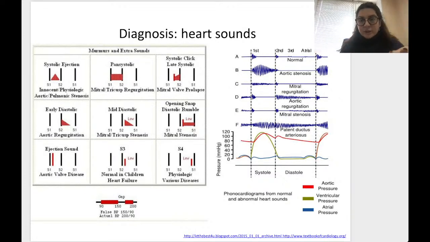And remember, please, that valve problems can be a cause of heart failure, and in the other way heart failure can lead to valve problems because of remodeling, changing form of the heart, enlargement of chambers with insufficiency of valve, and, for example, regurgitation. All these regurgitations and stenoses we can hear by auscultation or with a method like phonocardiography.